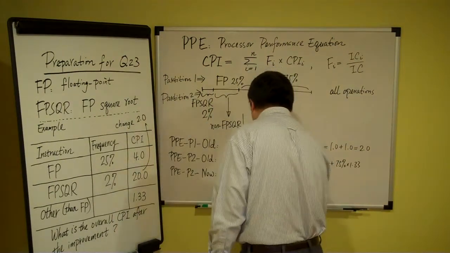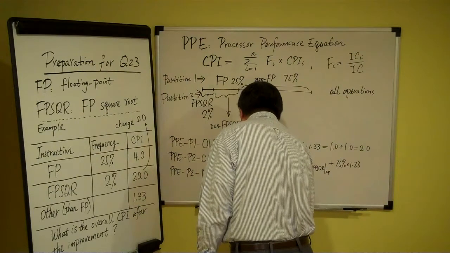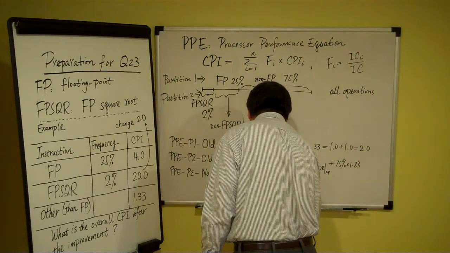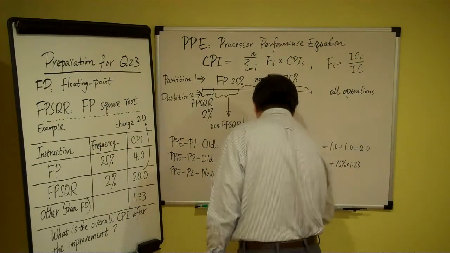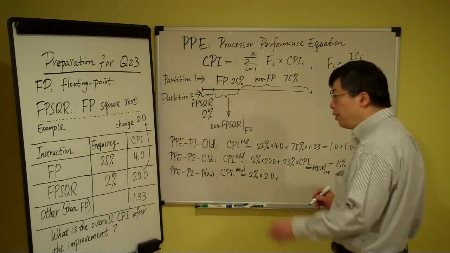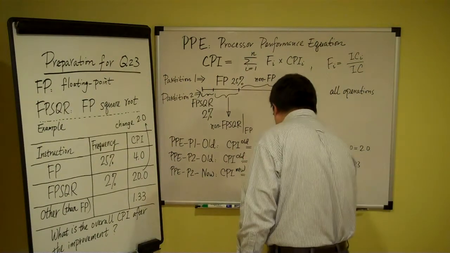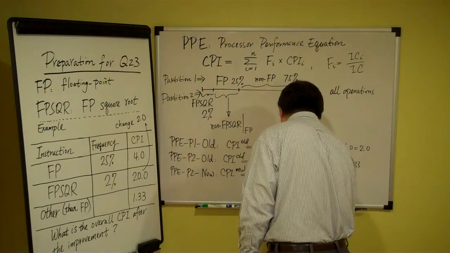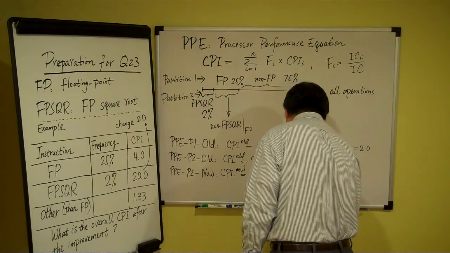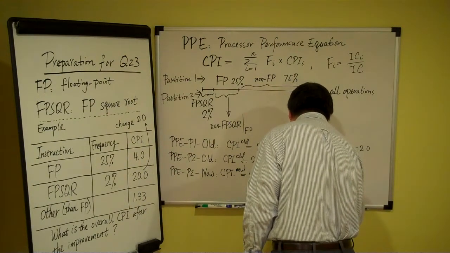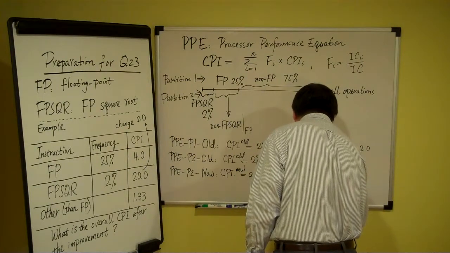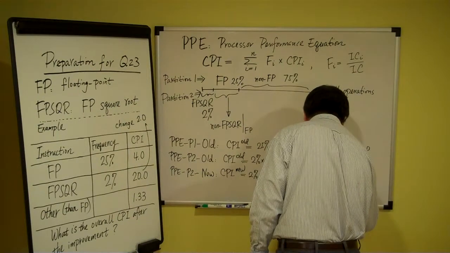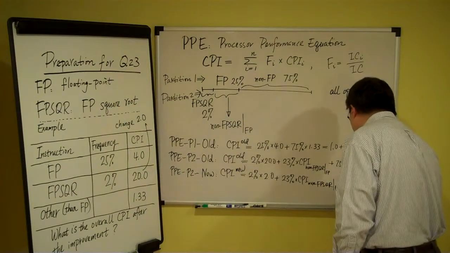This time 2% times 2.0 plus the remaining, no change, 23%. Keep it, just copy.